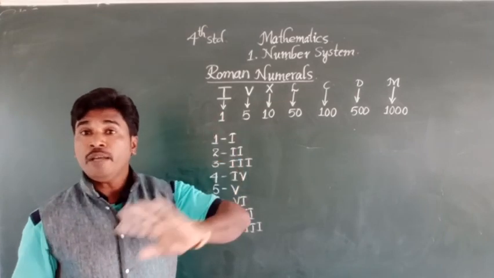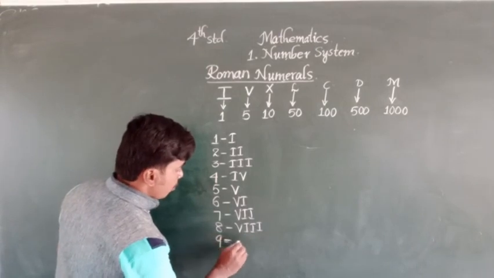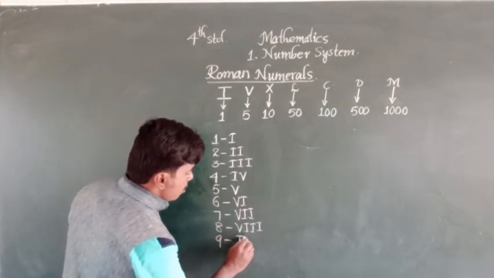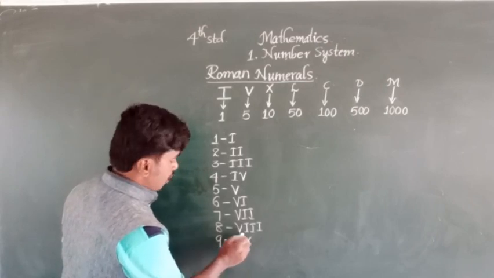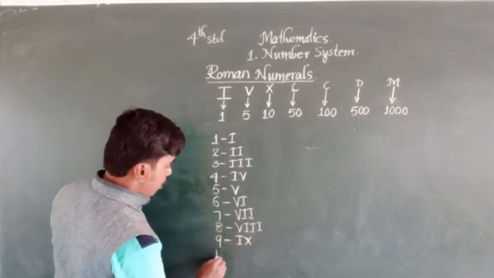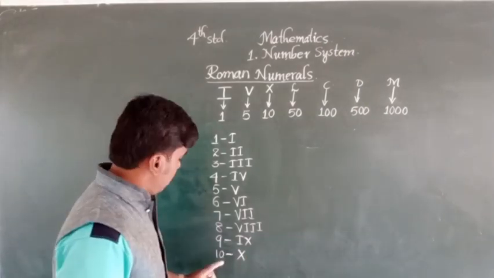More than 3 times is also not possible. Then 9, IX. So 1 is subtracted from 10, which means it is 9. And 10 is X.